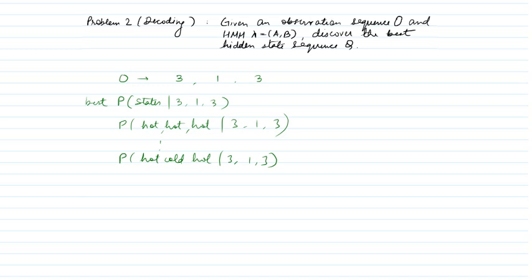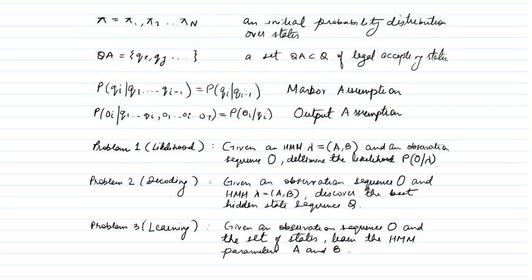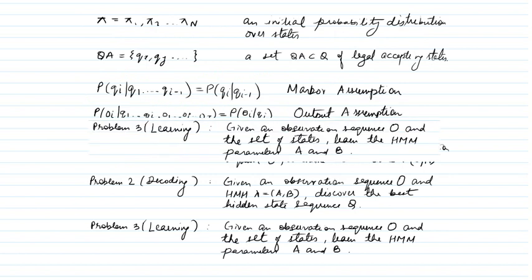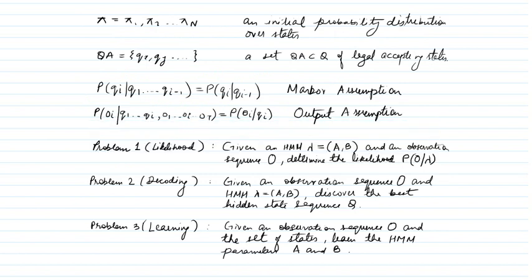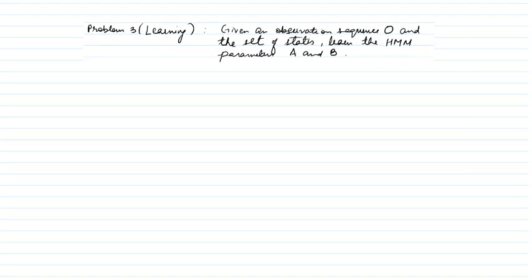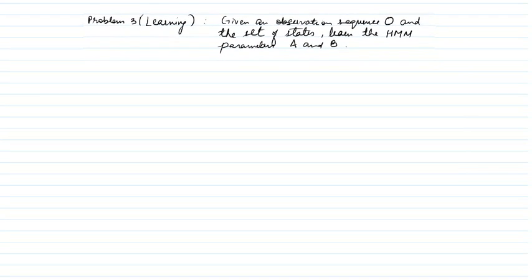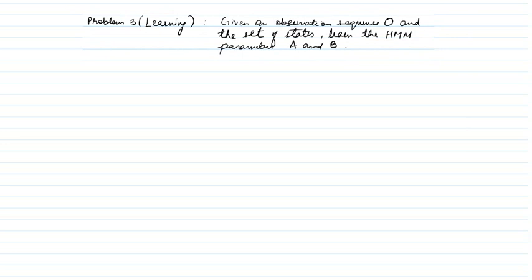And let's see the third one. The third one is the learning of HMM. So the learning of HMM is from the observations, right? So I have a lot of observations.